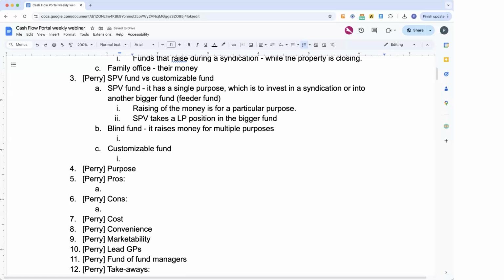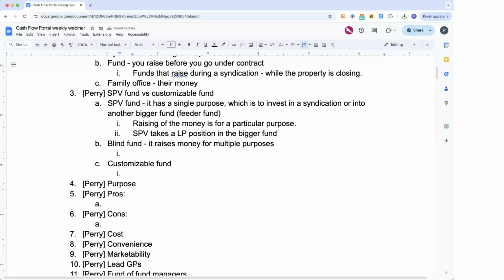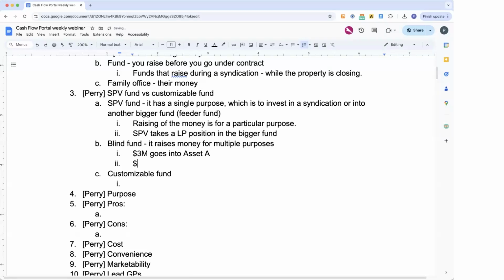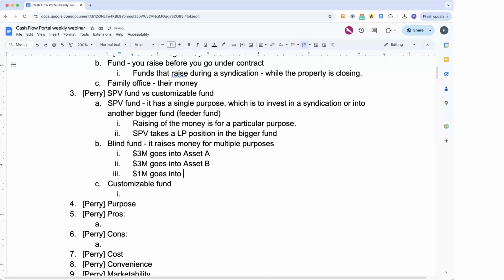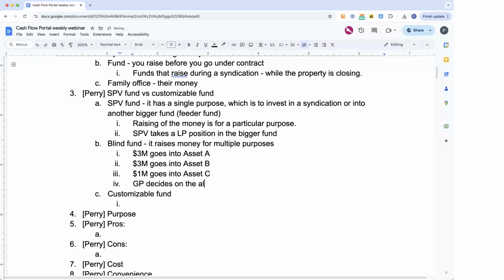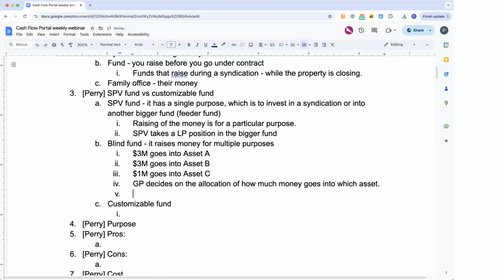It could be that you raise a set of money, say $10 million, of which $3 million goes into asset A, and then $3 million goes into asset B, and then $1 million goes into asset C. However, the GP decides on the allocation of how much money goes into which asset. So the GP makes the allocation decision. That's the point, meaning the LP cannot determine how money is used among the assets.